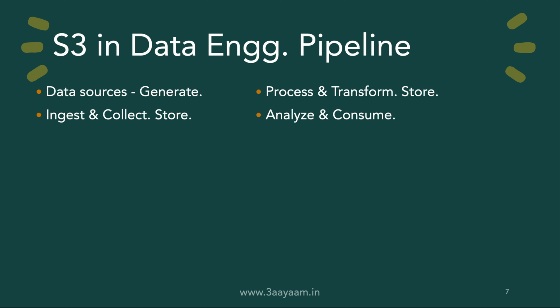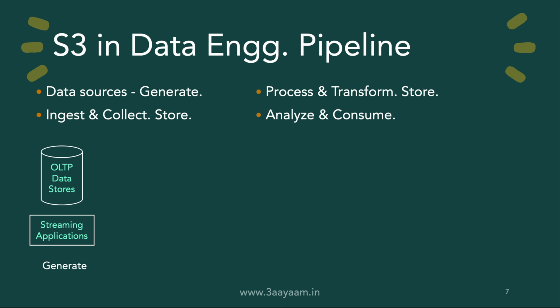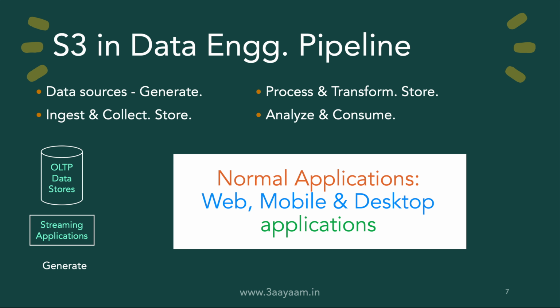If I look at it diagrammatically, we have the generate stage, wherein the data is generated from data sources like OLTP data stores. It can be relational or NoSQL databases like RDS, Aurora, DynamoDB, DocumentDB, MongoDB, etc. We also get data from streaming applications or even normal applications, because a lot of normal applications or mobile applications generate a lot of data.